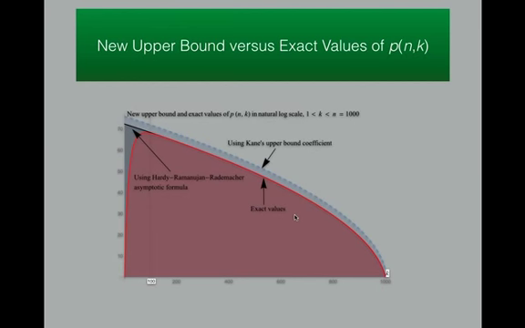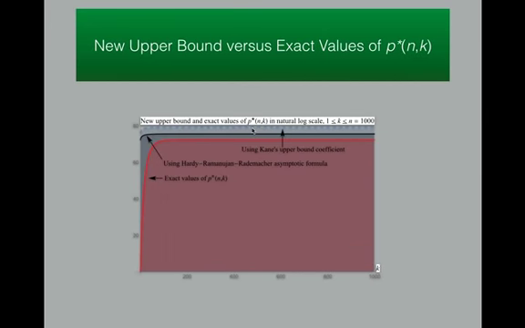Now, the next slide shows us a similar sort of graph for P star and K, which is the number of partitions of N into at most K parts. And results are similar, except that the gap widens because of the way that P star and K is formed by simply adding P and K terms together.